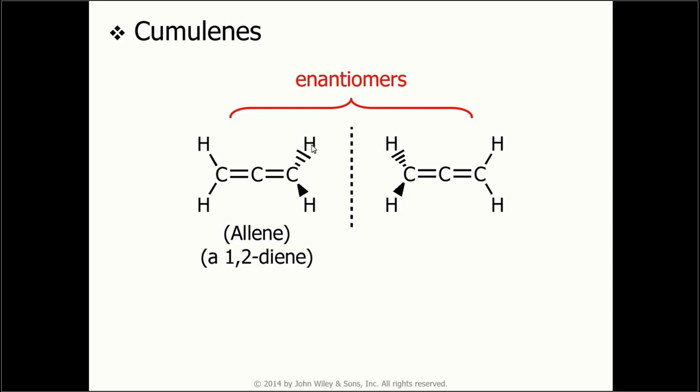So based on this drawing here, what they have is a central carbon with a p orbital overlapping with another p orbital. And since this p orbital is up and down, our hydrogen atoms must be going into and out of the plane of the page.